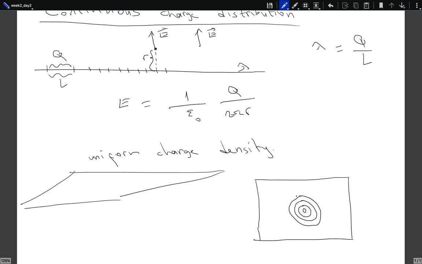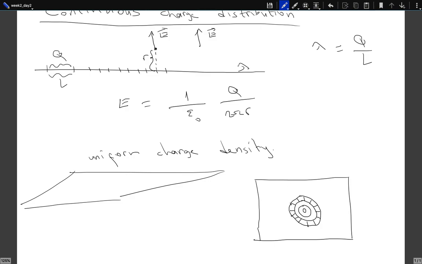So just like in the example of the wire, we can divide each one of these rings into very small segments. Each of these very small segments is almost a point. Eventually, we will take the limit that the thickness of each ring goes to 0 and the length of each segment goes to 0. In that limit, each one of these squares becomes an actual point, so now Coulomb's law will be exactly valid.